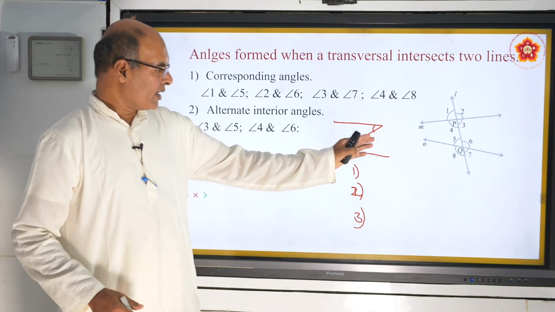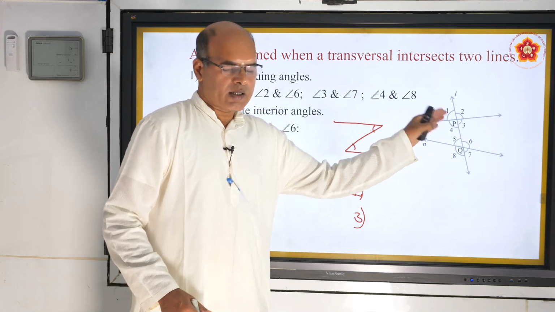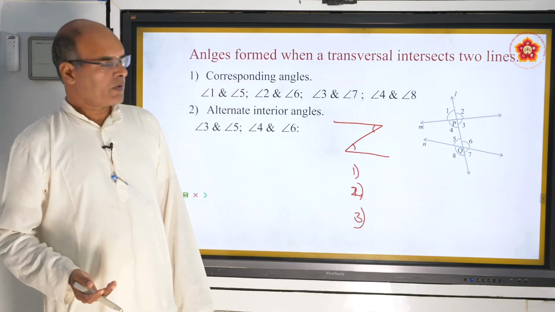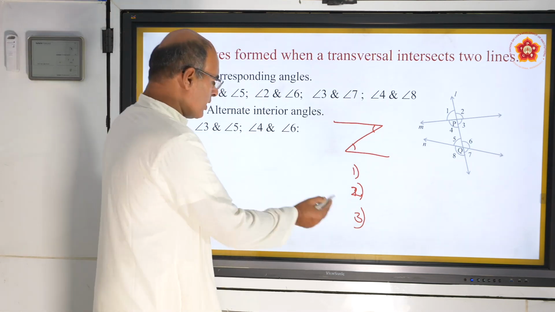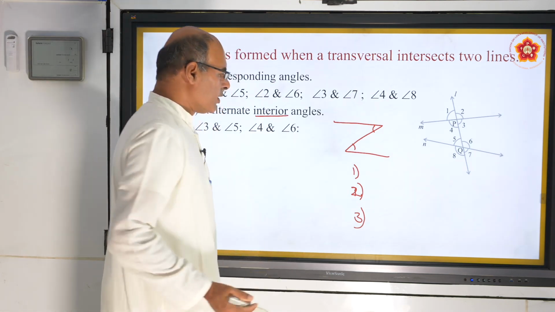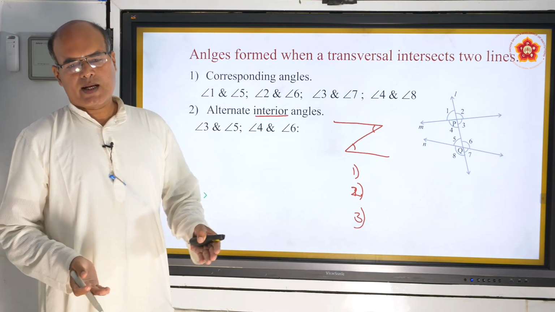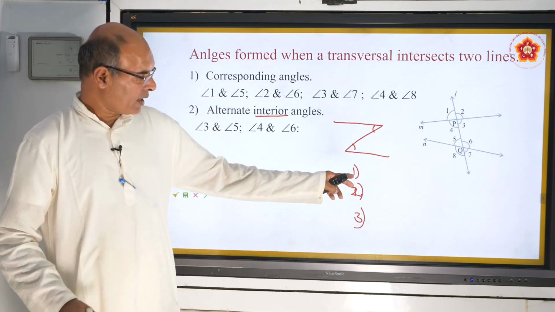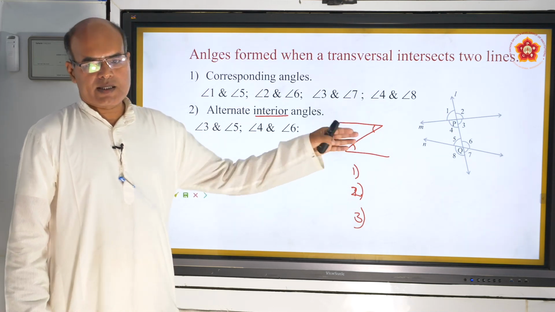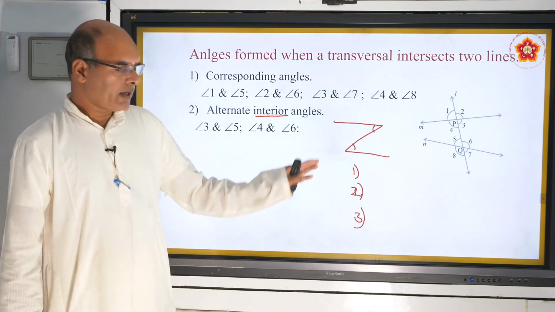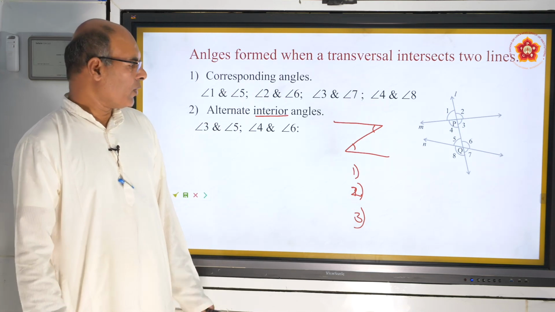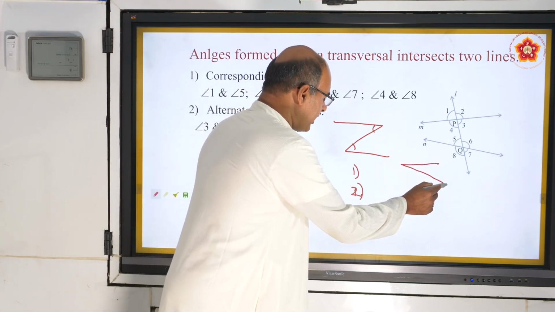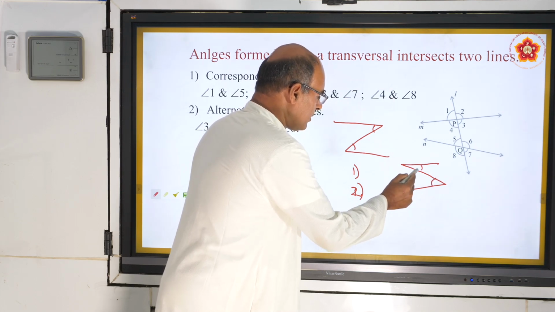If one angle is taken left to the transversal, then the other angle should be taken to the right of the transversal. And the third condition is that they are interior angles, inside the given lines. So we have two pairs of alternate interior angles. Here and here, here and here.